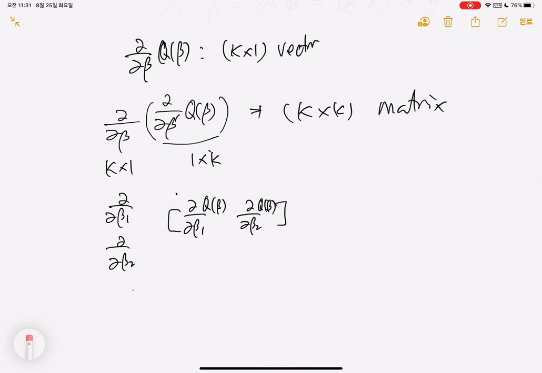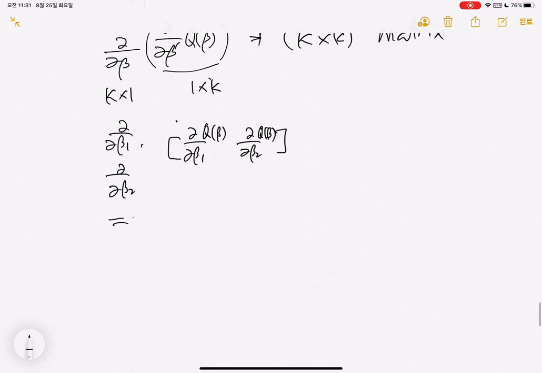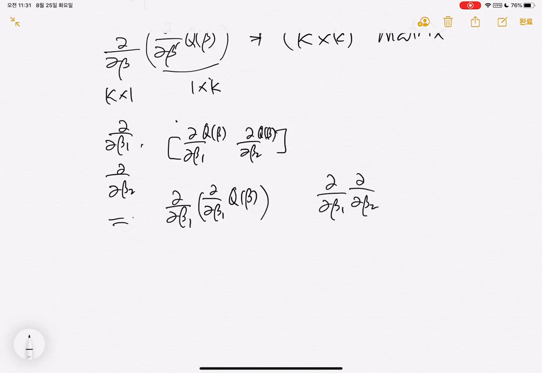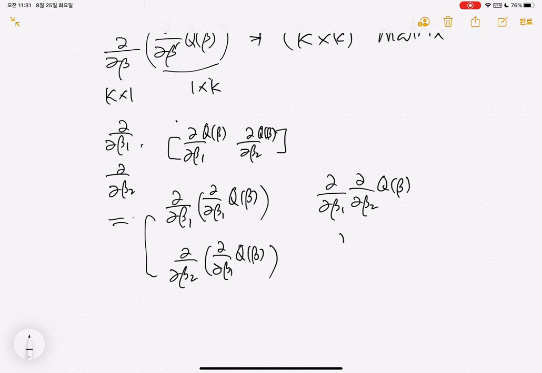You do this as if you do matrix multiplication, and you get this: partial beta 1, partial beta 1 Q of beta, partial beta 1, partial beta 2 Q of beta, partial beta 2, partial beta 1 Q of beta, partial beta 2, partial beta 2 Q of beta.